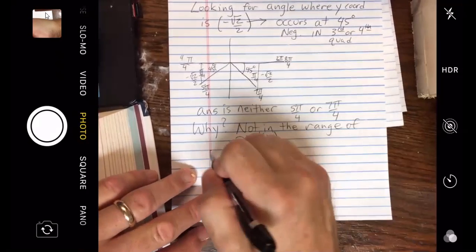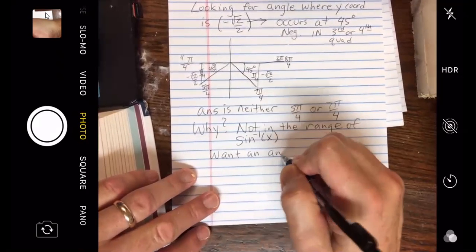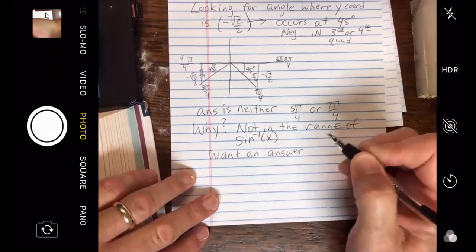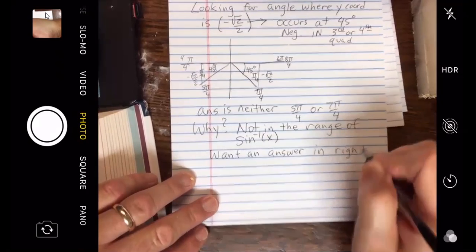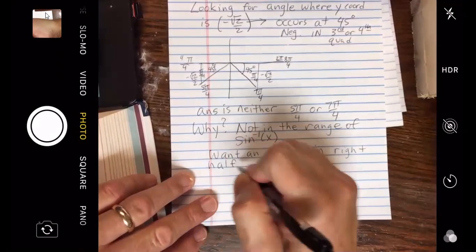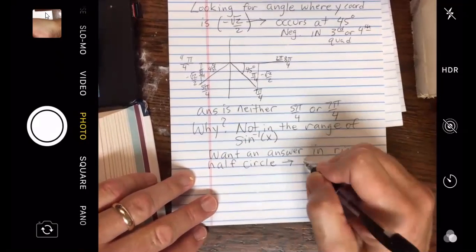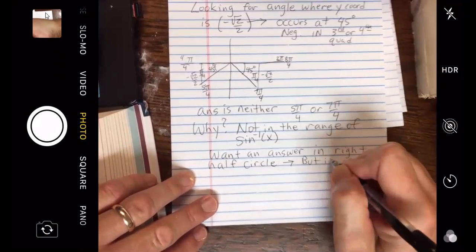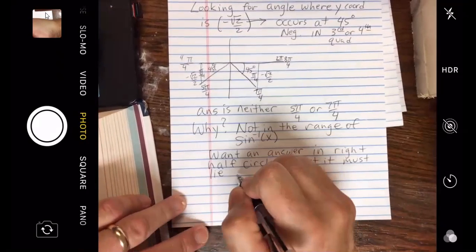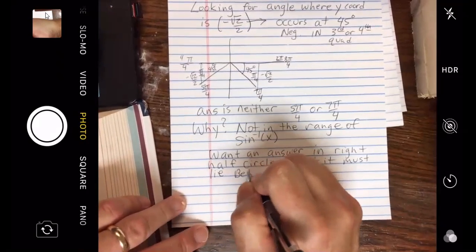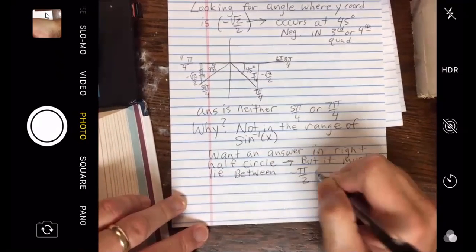You want an answer in the right half, but it must lie between minus pi over 2 and pi over 2.